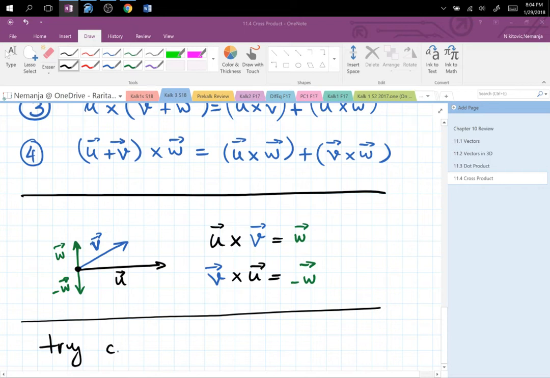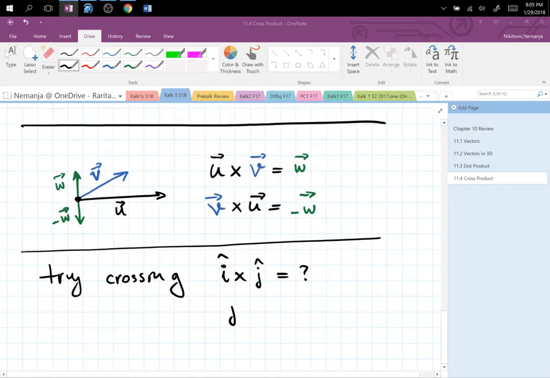Try crossing I cross J to get something, and then J cross I to create something, where you know that I is the vector 1, 0, 0, and I'll put 3 dots because you know J and K are 0, 1, 0 and 0, 0, 1.